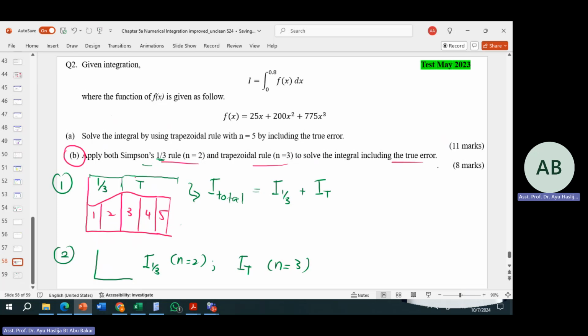So n equals 2? No, because the question already mentioned trapezoid must use n equals to 3. It's either the first 3 or the last 3.